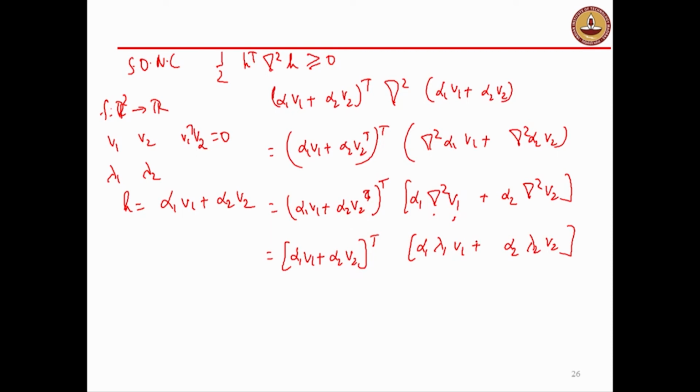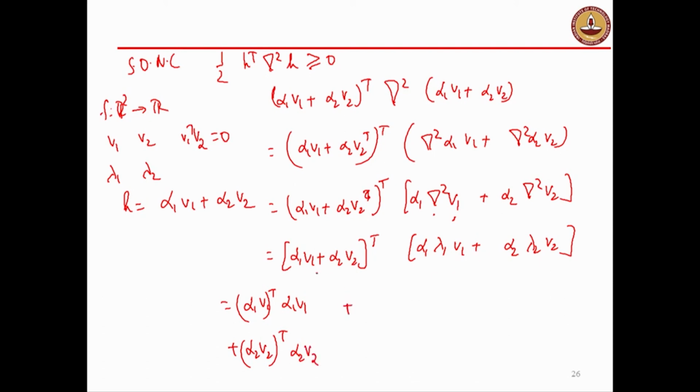Now when I expand this out, I will get 4 terms. Let me write out the easier terms first: alpha 1 V1 transpose alpha 1 lambda 1 V1.